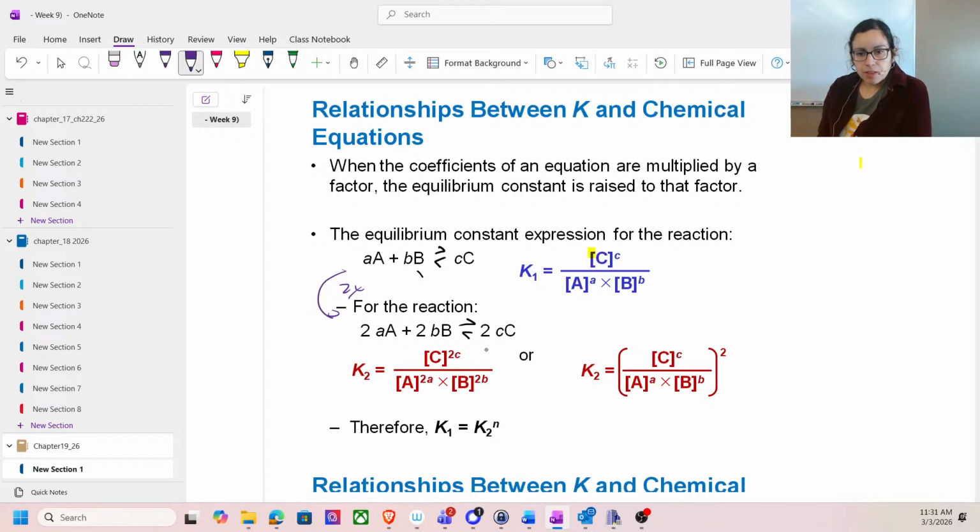That's like taking everything times 2, so 2 times our coefficient power, or that's equal to K1 to the n there. So again, just squaring that if we were doubling that. That'll be useful when we look at how to change and compare rates.